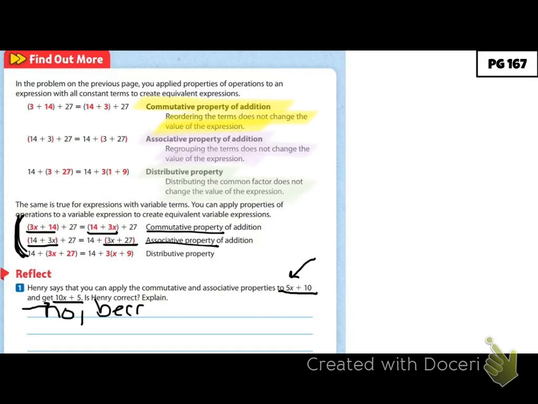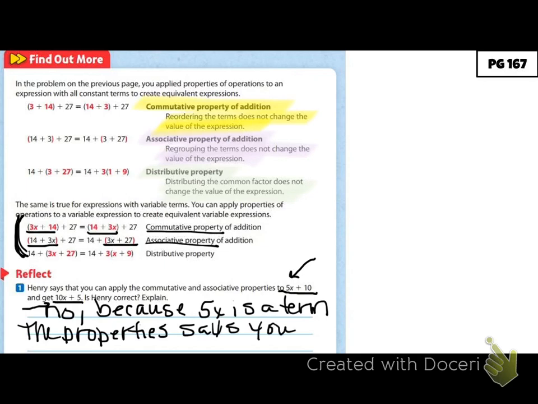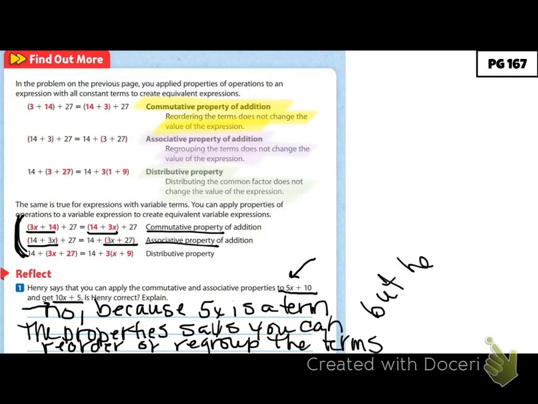So our answer down here would be, is Henry correct? No, because 5x is a term. The properties say you can reorder or regroup the terms without changing the value, but he actually changes the factors.